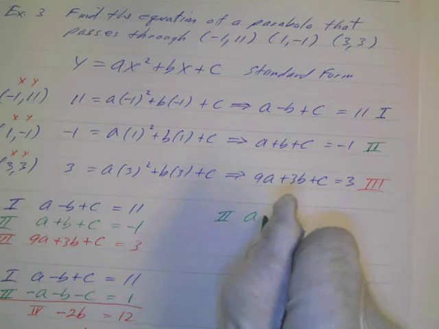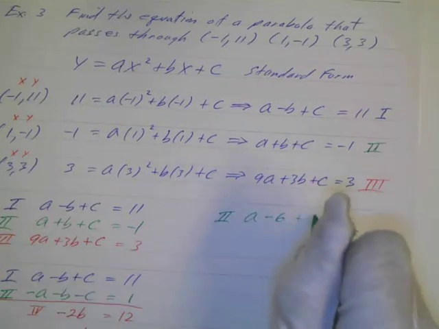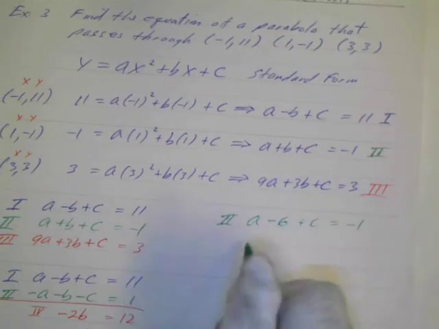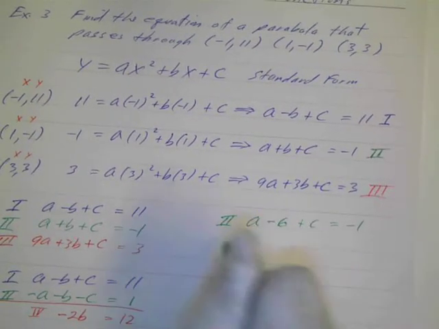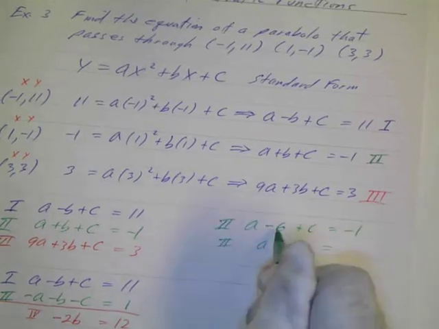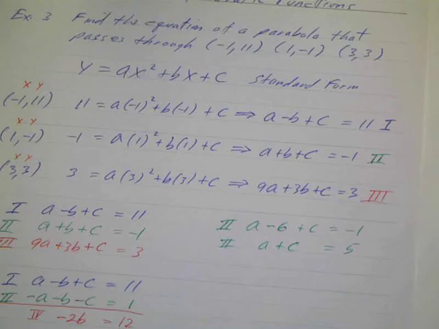So I'll put plus B, negative 6 there, because B is negative 6. And then plus C equals negative 1. And then I'll simplify this, so that's just going to end up giving me A plus C equals, and if I add 6 to both sides, 6 minus 1 is 5.